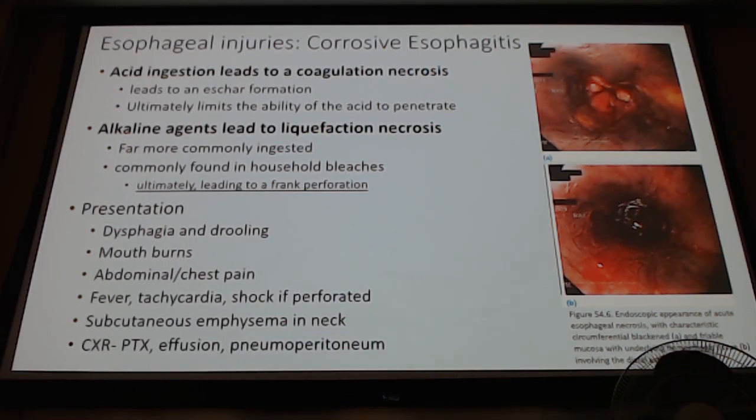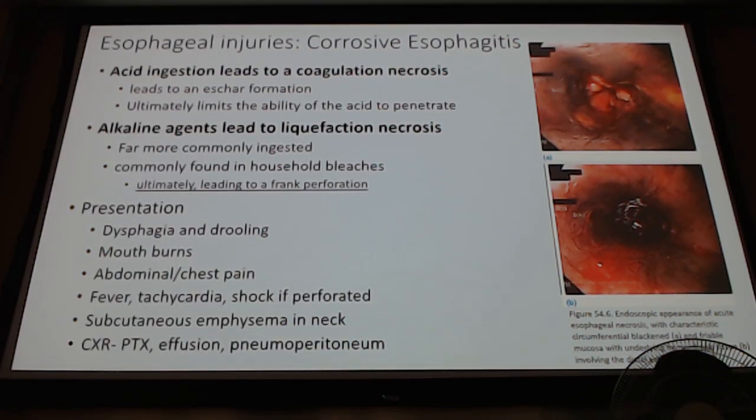Once you have that eschar, that dead tissue, most of the time that acid can't get through. Alkaline agents, unfortunately, lead to liquefaction necrosis. Far more commonly ingested, found in household cleaners like bleach, and will likely lead to a frank perforation. It doesn't have that eschar formation to stop that erosion. It just goes straight through.